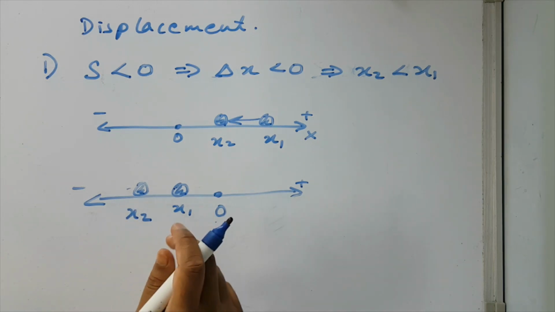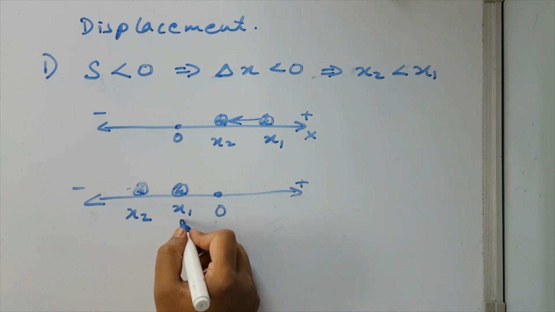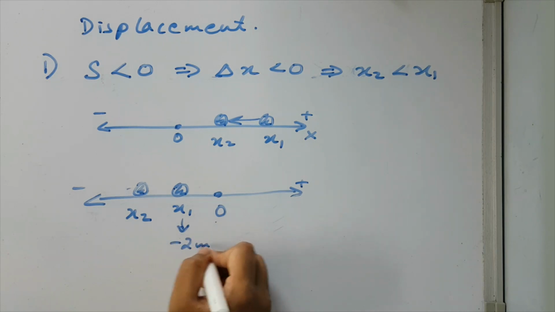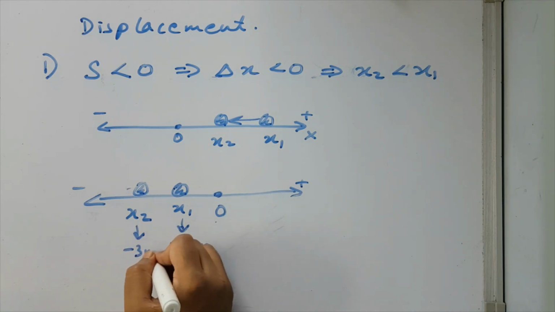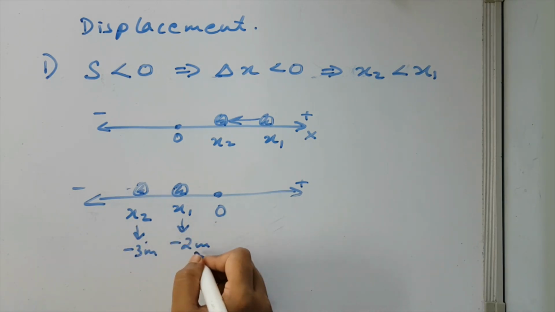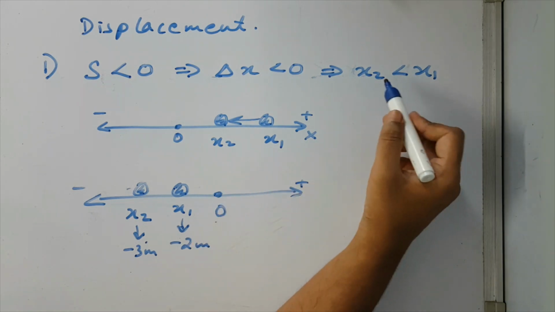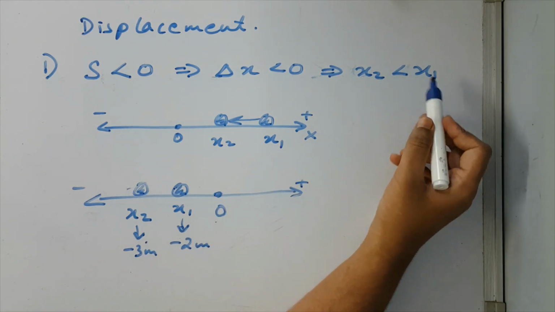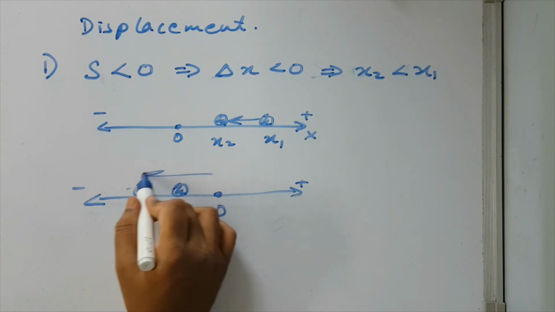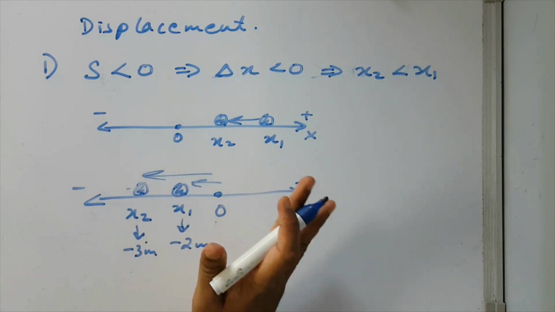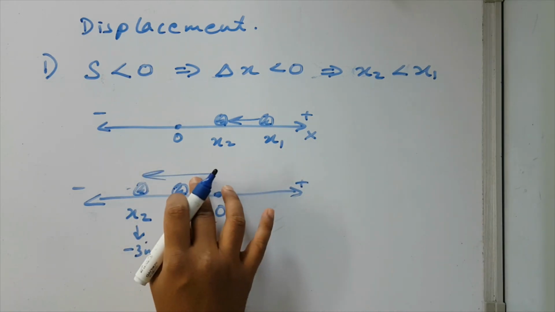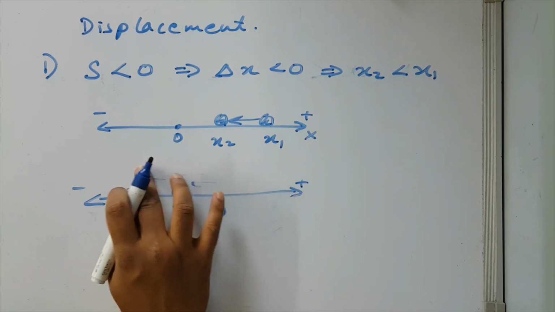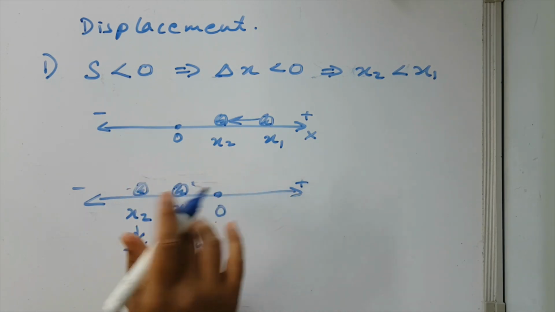What I need to tell you is that, let's say this is minus 2 meters and this is minus 3 meters. Mathematically minus 3 is less than minus 2. That's what I mean when I say x2 minus x1. I'm not talking about these distances. The negative sign also implies the direction of motion.